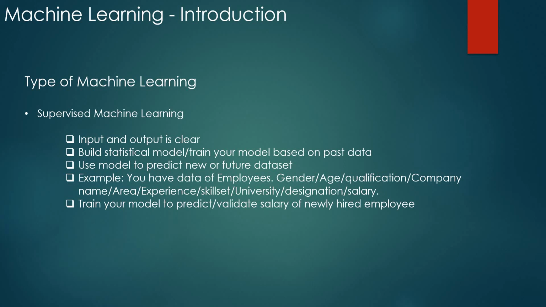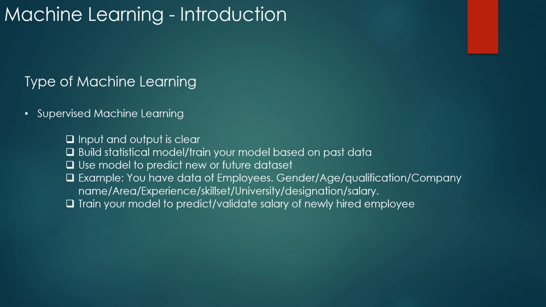So we have data which tells us, with this information of gender, age, qualification, experience, skill set, and university, what salary the employee is currently getting. When we pass this data to the machine learning algorithm, it tries to understand the pattern and builds a mathematical formula for deriving the salary.